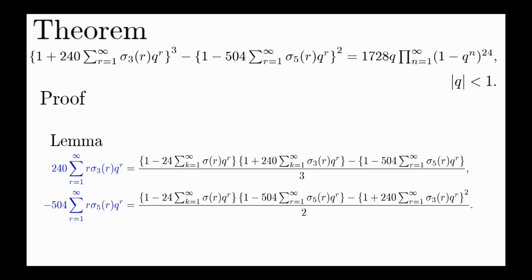So E2 of tau is equal to pi squared over 3 times 1 minus 24 times this sum of sigma times q to the r.